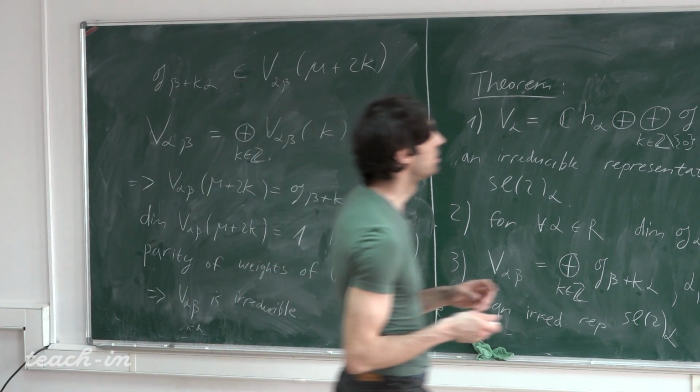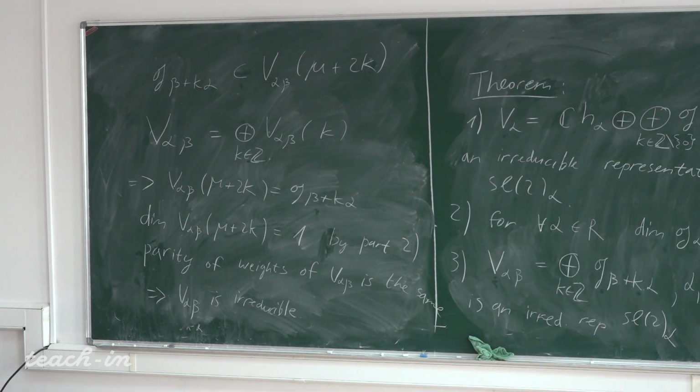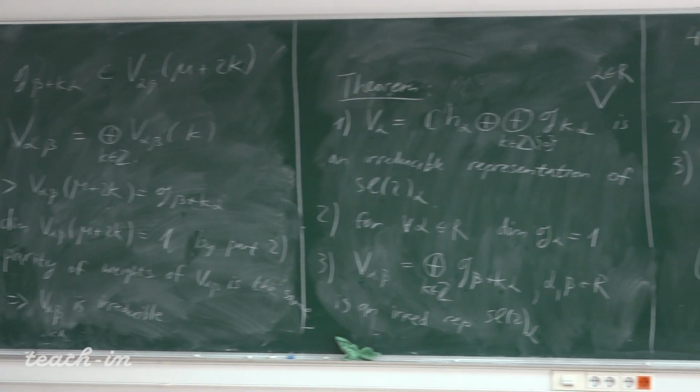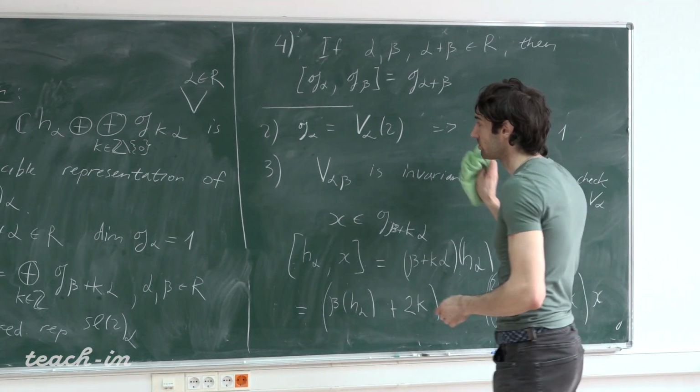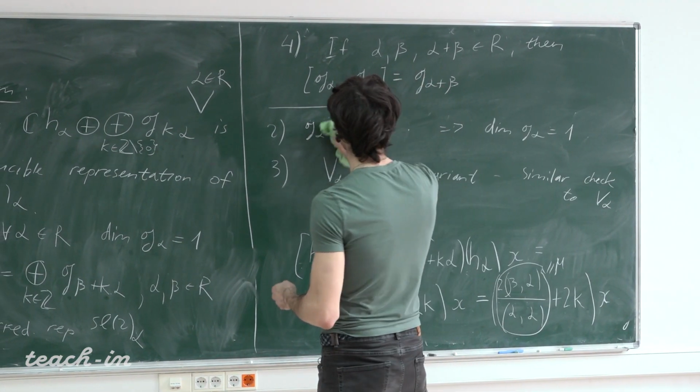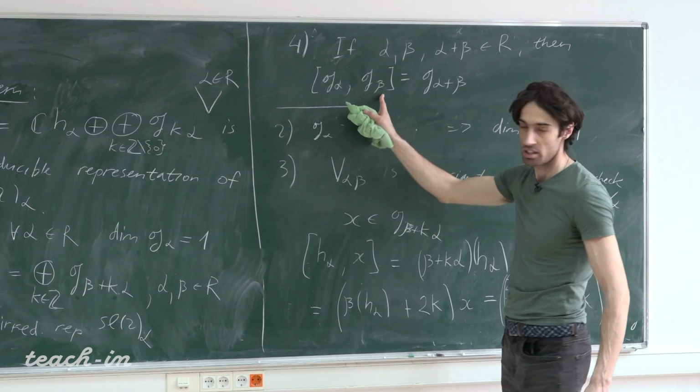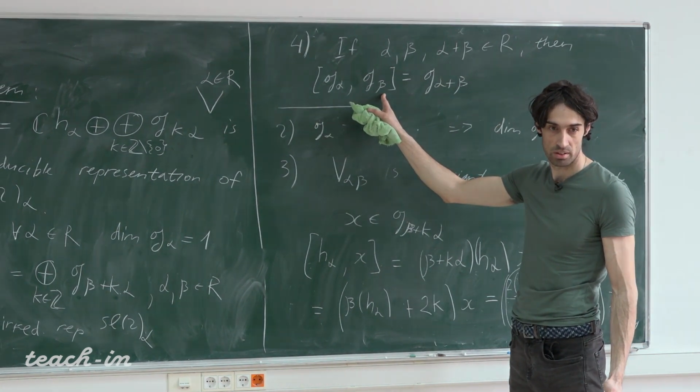And now what's left to prove is number 4. So we know the inclusion, right? We know that the dimension of this is not bigger than the dimension of this. Since it's a root, it's not 0, so the dimension of this is exactly 1, right? Therefore, we would like to prove that this thing is not 0.